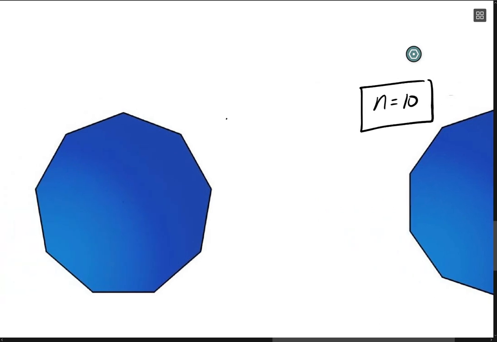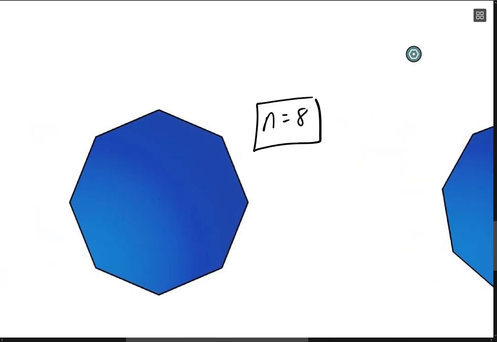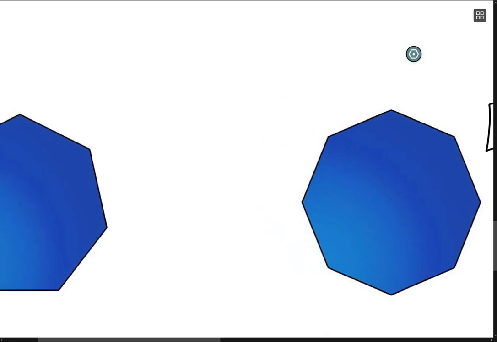Let's see if I can trick you. What is n in this case?